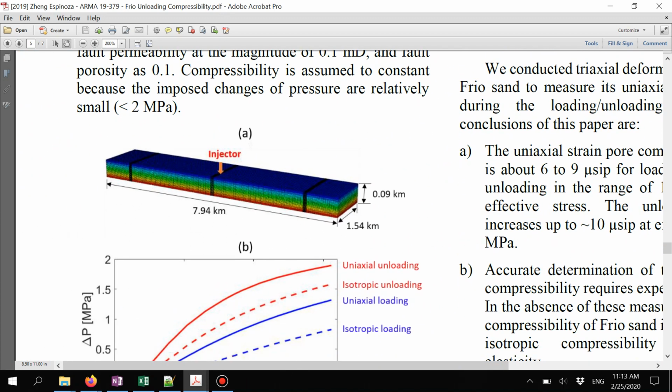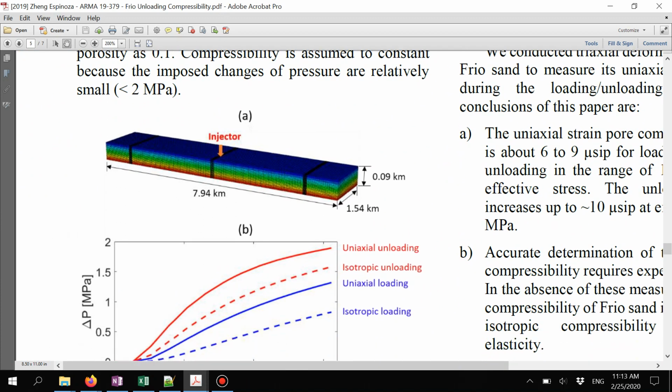Here we're assuming that we have a reservoir in which we change the pore pressure. When, for example, you lower the pore pressure as in depletion, you are loading a rock. But some other times, for some other applications, you may inject the fluid and rather unload the rock, increase the pore pressure and unload the rock.